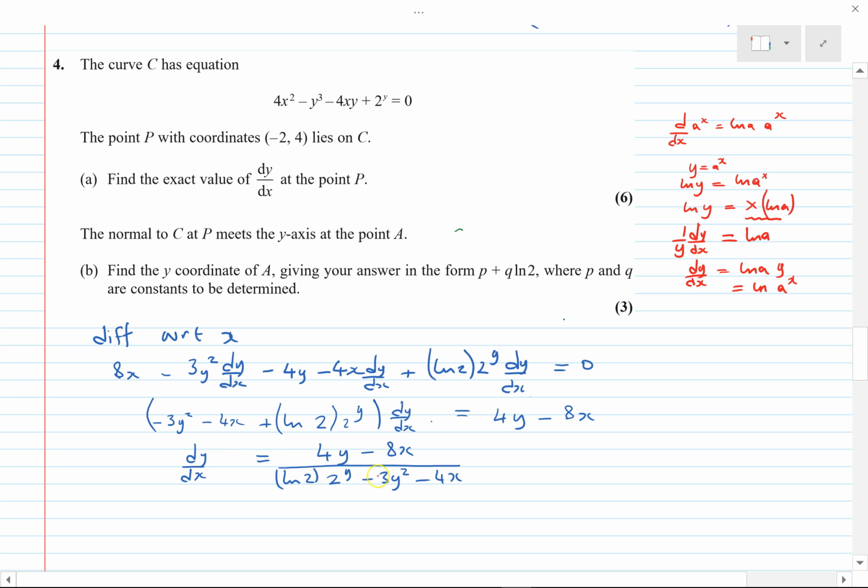Okay, this bracket here divided into. Okay, so that is a part A. Got a lot going on, which is why there's 6 marks for it, like the 2 to the power of x or 2 to the power of y we had to deal with, and a little bit of work. And then 3 marks for the next part, which is perhaps a little bit less generous with the allocation.